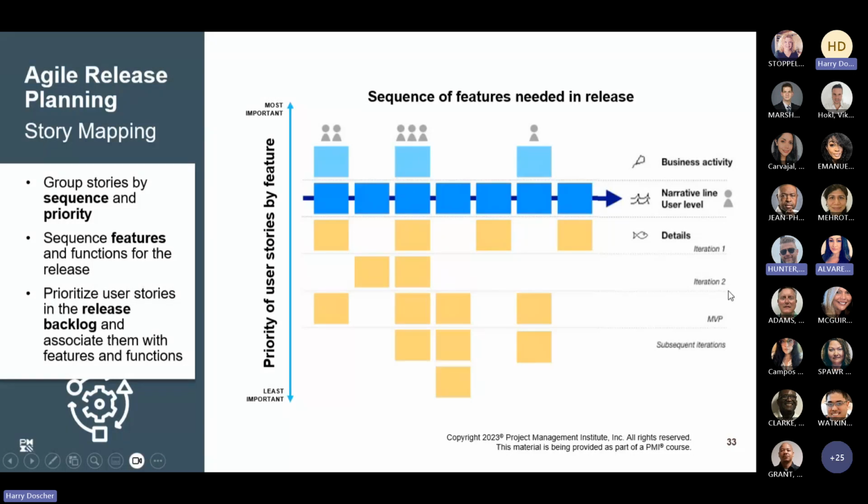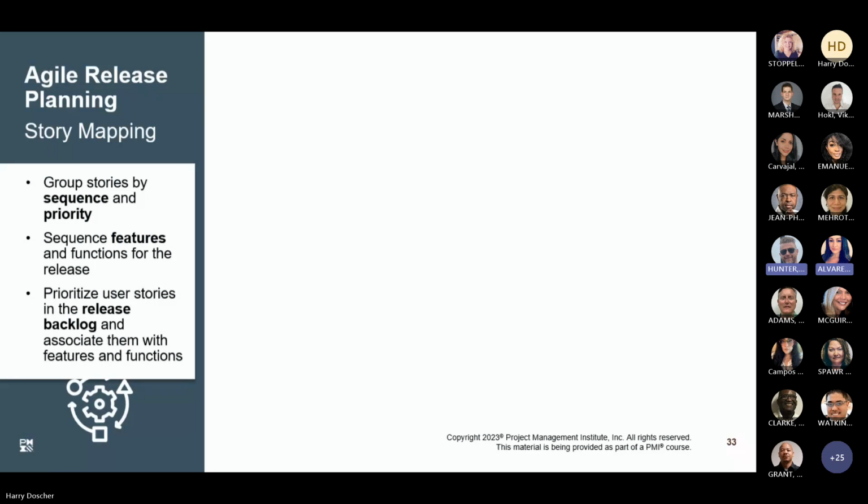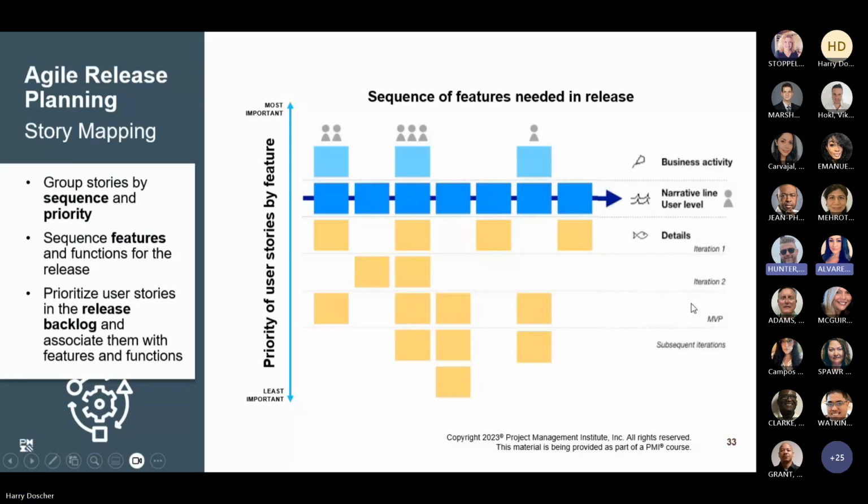Anybody give me a definition of what MVP is? Minimum viable product. Yep. Technically, an MVP is delivered one time only for an entire product's lifetime.